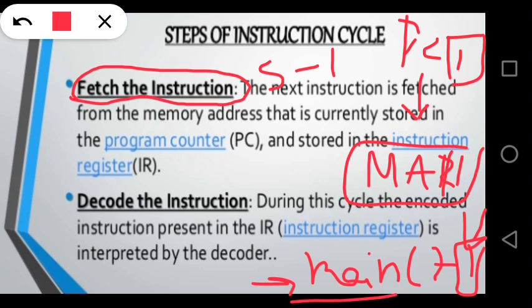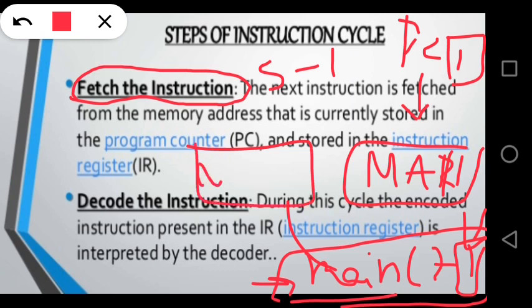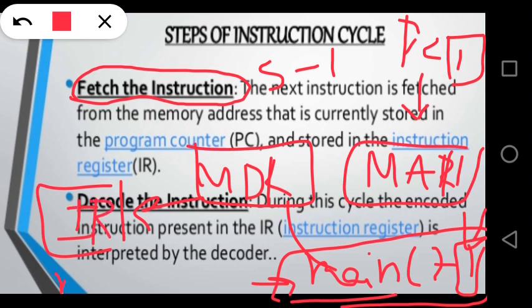Yes, we have, this is the memory location. So this main is transferred to MDR. From MDR it is transferred to IR, the instruction register. So now the instruction, that is main, is in IR. So this is called fetch.